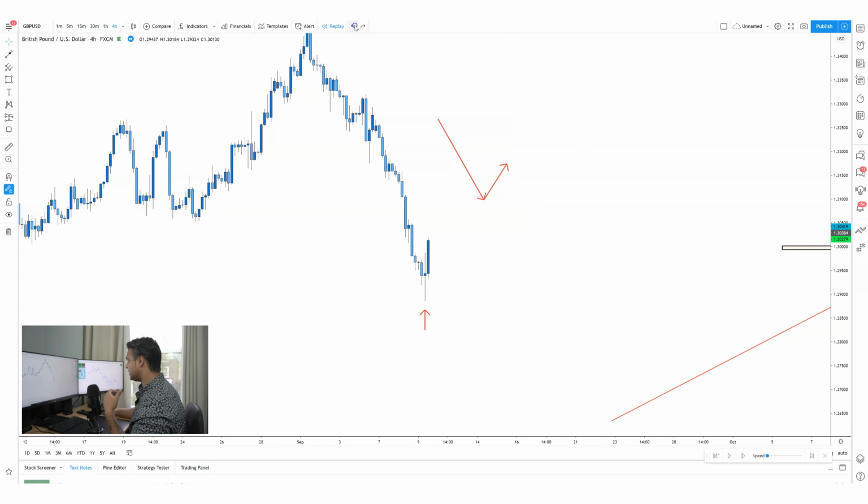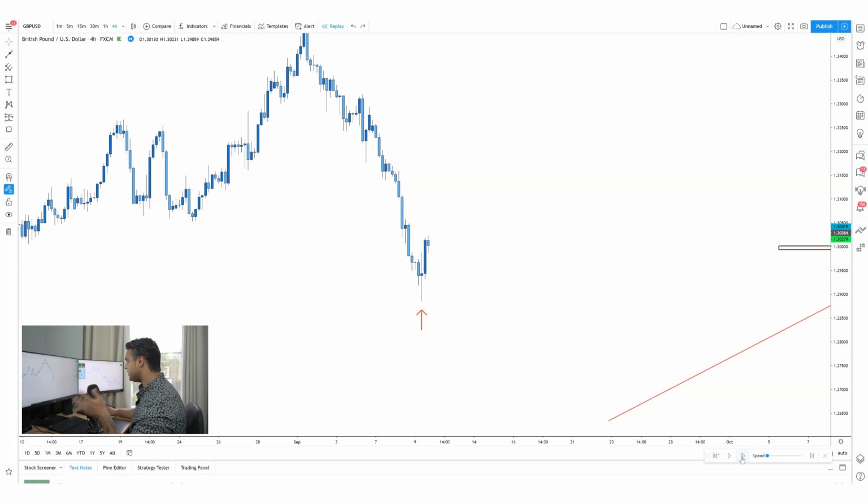Now, how do I identify this point? Well, all you need to see, and this is a secret right here, and I'm giving it to you for free, the only thing you need to see is one wick rejection.